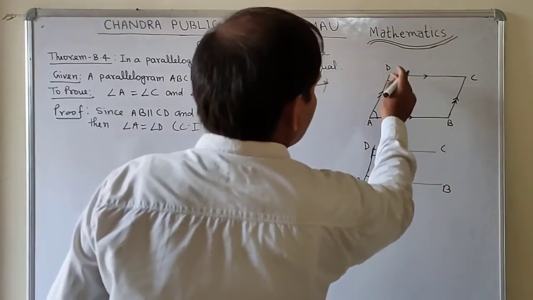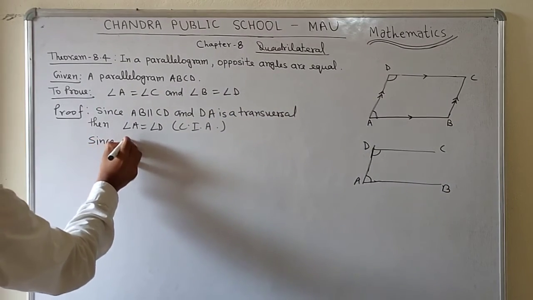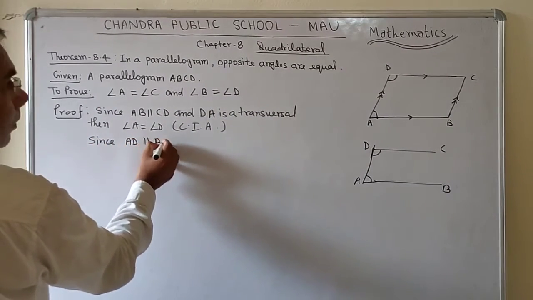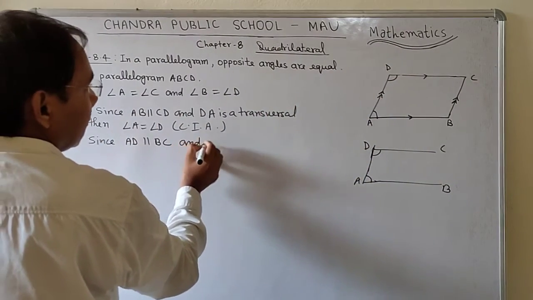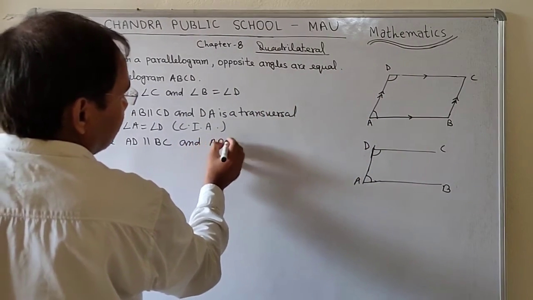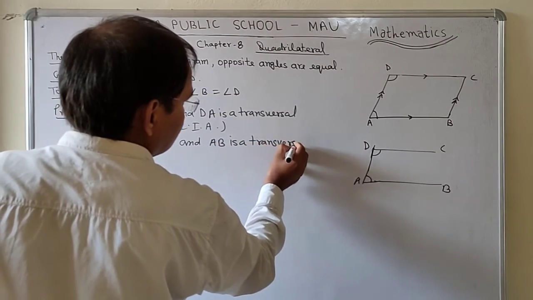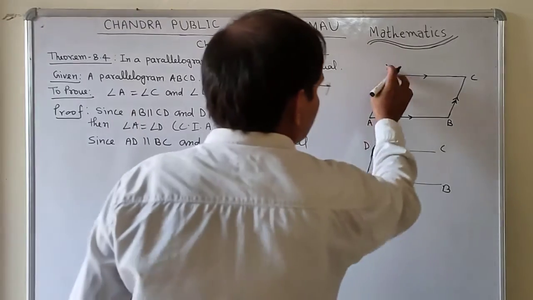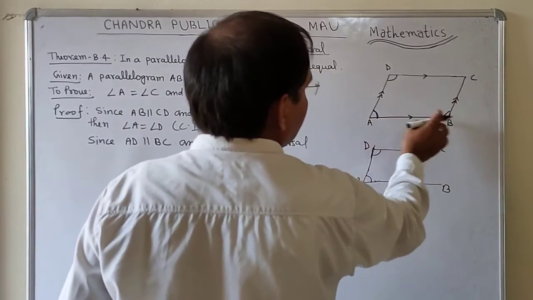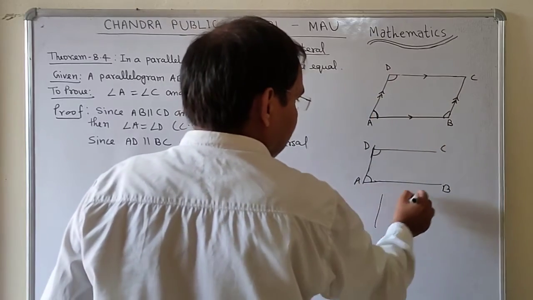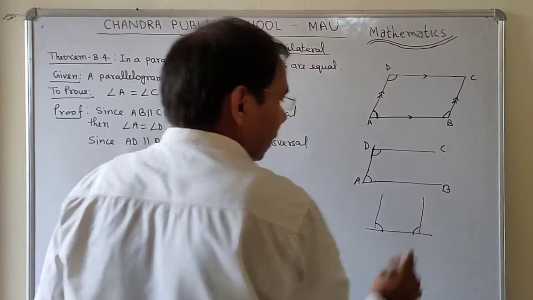Now students, here AD and BC are also parallel. Since AD is parallel to BC and AB is a transversal, if these two lines are parallel and this line AB is intersecting, then angle A and angle B are the co-interior angles.